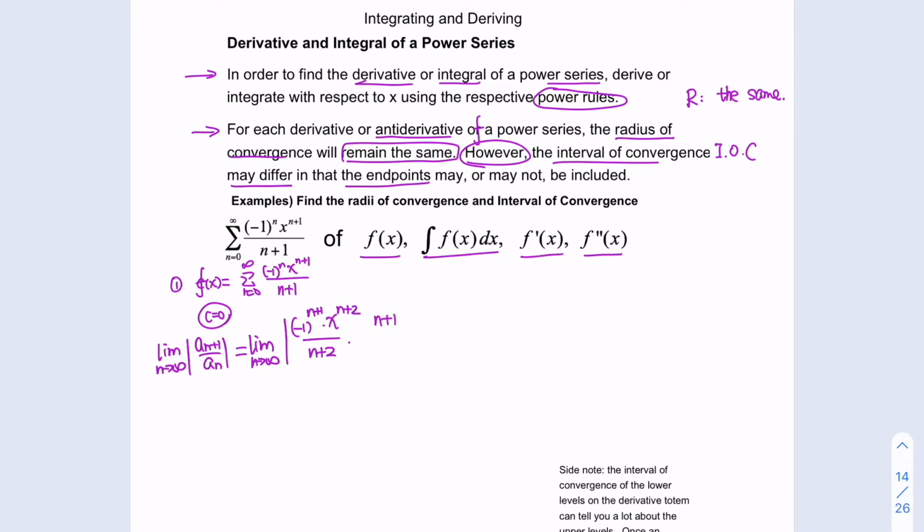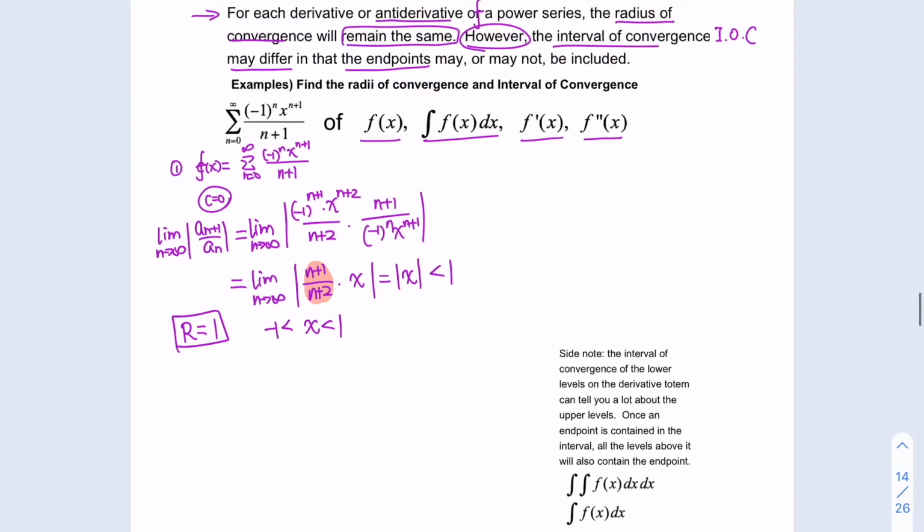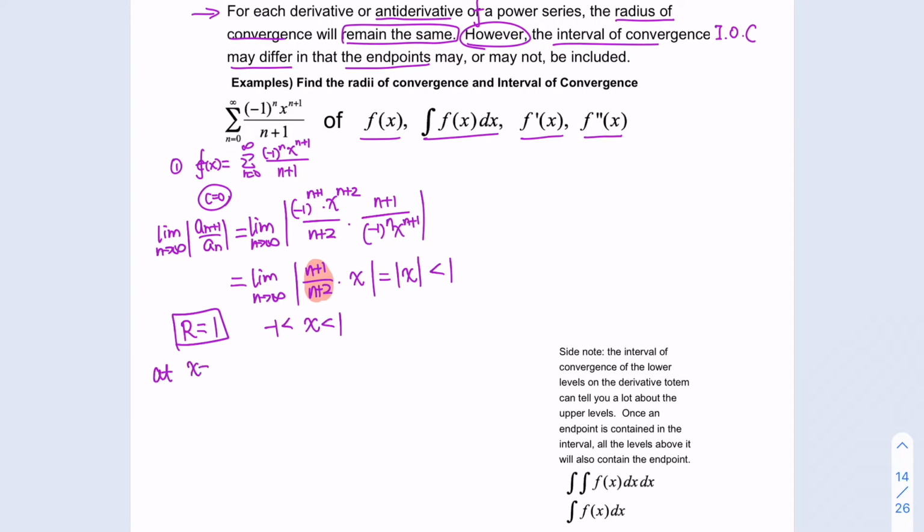We flip the denominator and go to infinity, n plus 1 over n plus 2 times x to the first. As n goes to infinity, n plus 1 over n plus 2 goes to 1, so this will be the absolute value of x. We set this less than 1, so this gives us r equals 1, and x is between negative 1 and 1. Now we have to check the endpoints, starting at x equals 1.